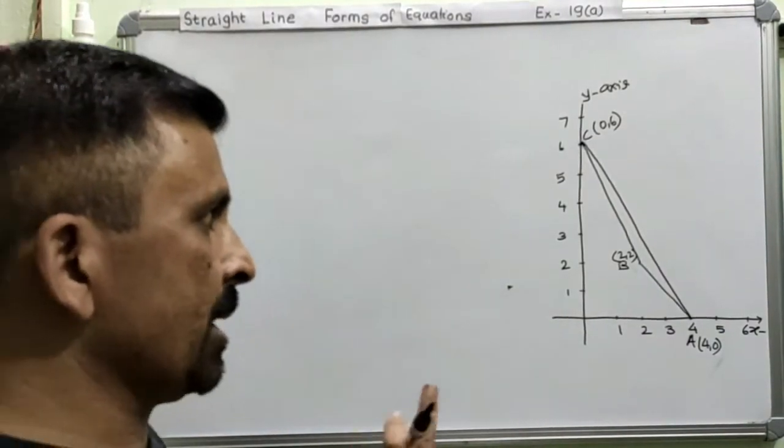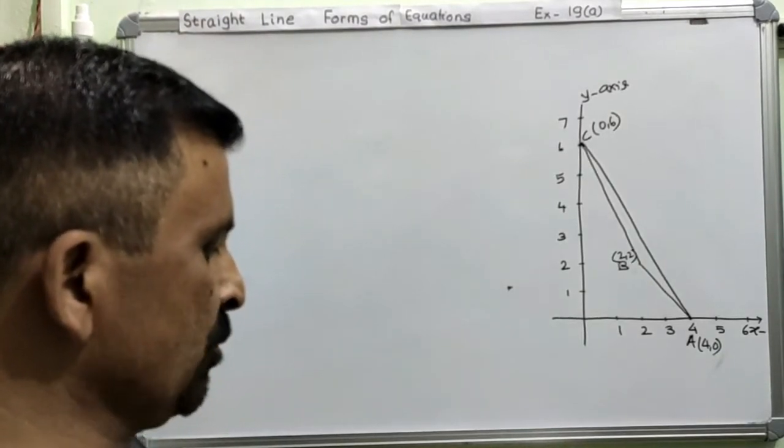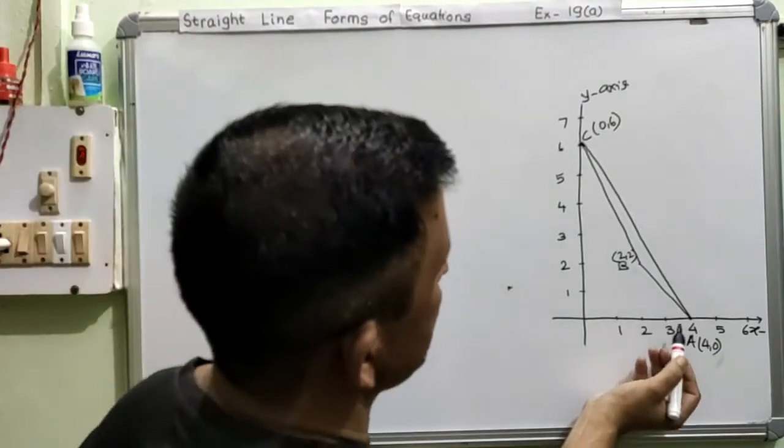Now from here we will try to understand. The first statement is AB produced. Where is AB? This is AB.